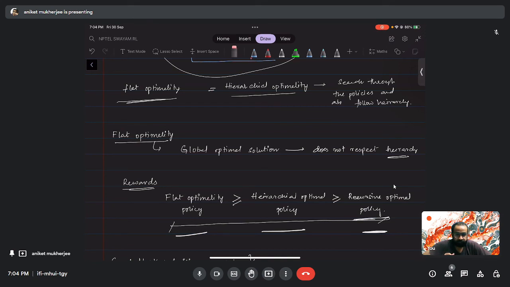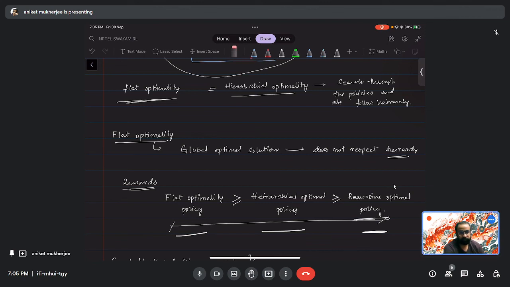So you get the optimal policy. And then for recursively optimal, you apply policy iteration for each of the subproblems, and you get the optimal policy for each of the subproblems. Whereas you can't decide where to stop for hierarchical.